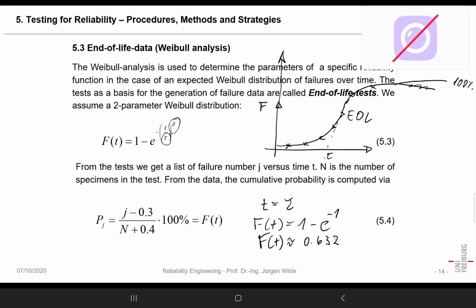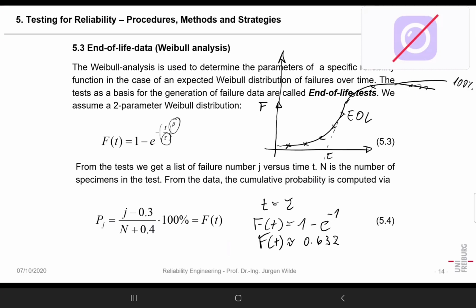Now, if you want to have the parameters of a distribution function to be derived from some measured value, what method do you use? Maximum likelihood estimation. You heard about that? It's a special method.